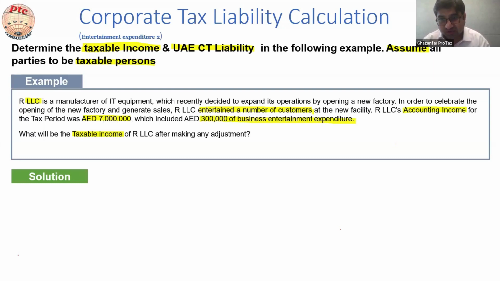This is for customers, not for employees. Second, the LLC accounting income: accounting income is 7 million, which includes 300K of business entertainment expenses.